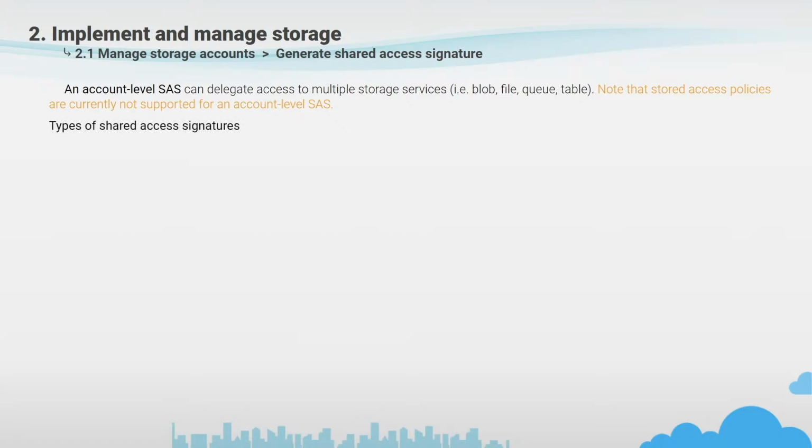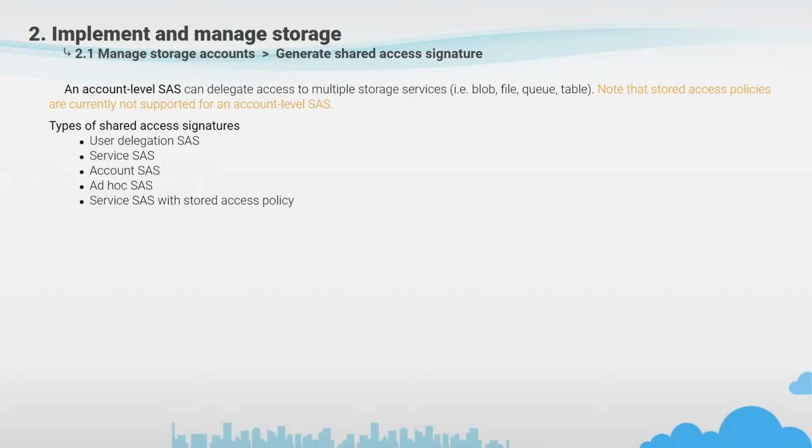Azure Storage accounts support three types of shared access signature. The first one is user delegation SAS, which is secured with Azure Active Directory credentials and also by the permissions specified for the SAS. This combination of Azure AD plus SAS applies to Blob Storage only. The second one is service SAS, which is secured with the storage account key.